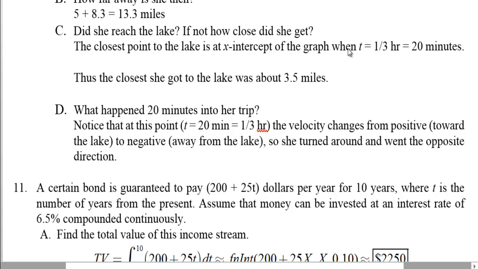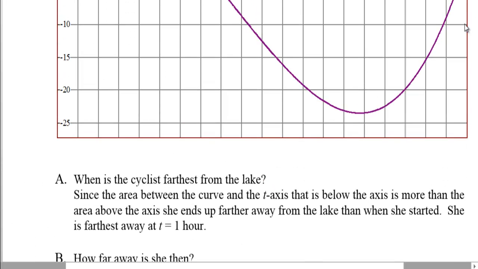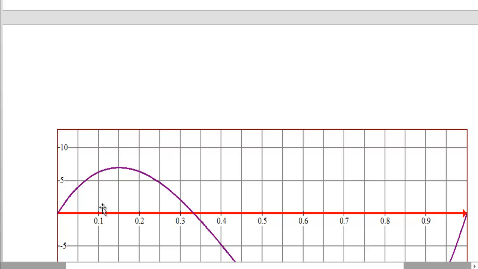That would put her the closest at about 3.5 miles away, and she's farthest away at the end. So what I'm saying here is we're estimating this to be about 1.5 miles for this area right here.